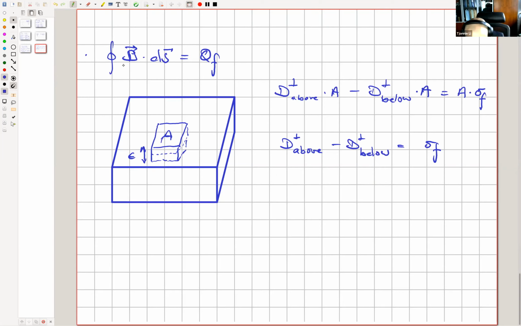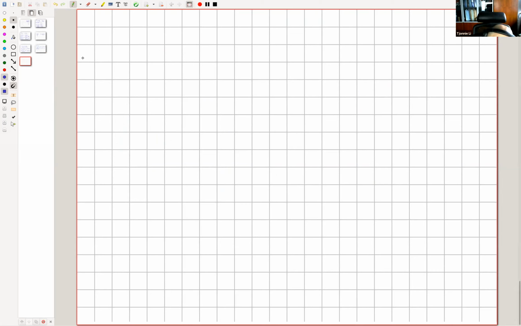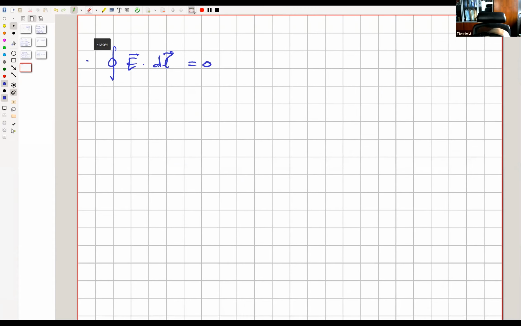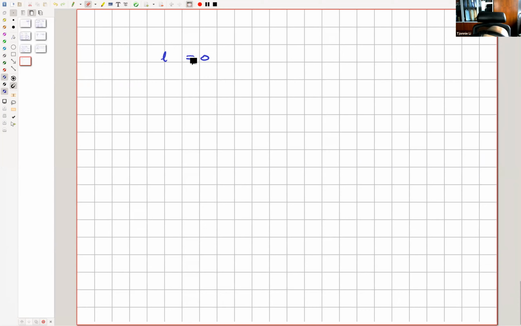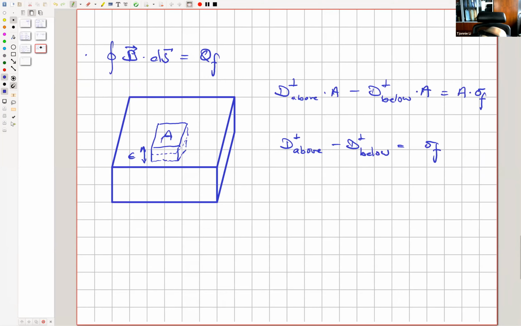Okay, so that's for the first boundary condition. The second boundary condition is again the same, right? It starts with this equals 0. So here E dot dl in a loop equals 0, which is just the same as the vacuum equations.